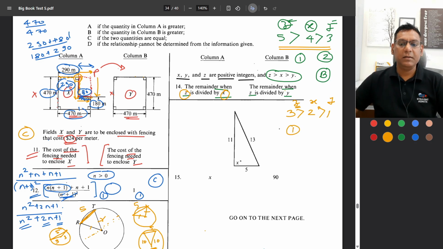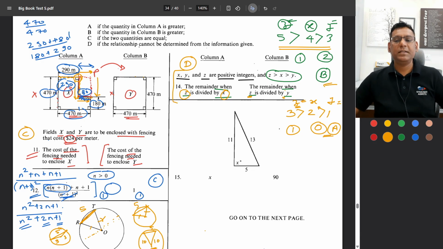But the remainder when Z is divided by Y is going to be 0, because Y is 1, which will divide everything. So in that case, I'm going to get A as the answer. Okay, so I get B as an answer, I get A as an answer. Not really possible to compare. Answer choice D. It's a little tricky question.